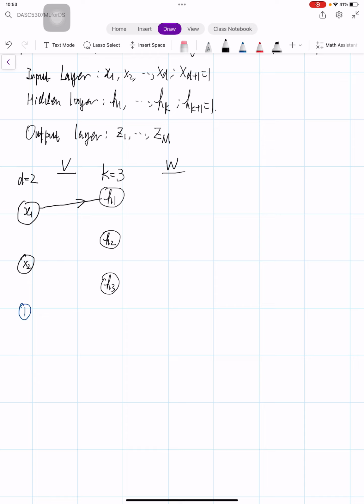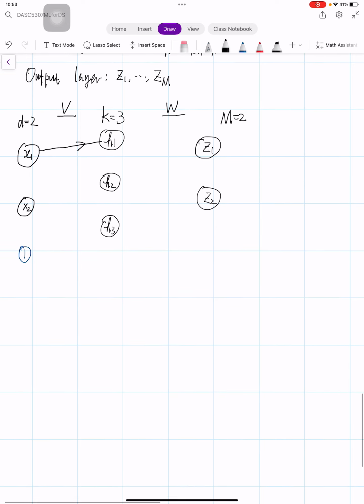And in the output we have M outputs. Suppose capital M equals 2, so we have two outputs, Z1 and Z2. So two input features, two output values.